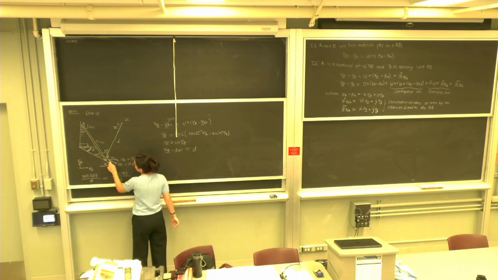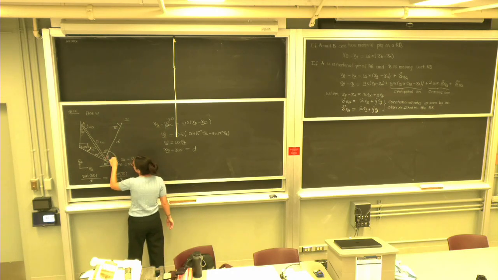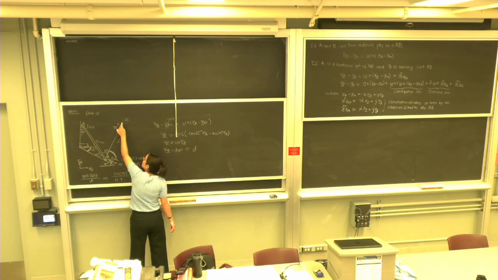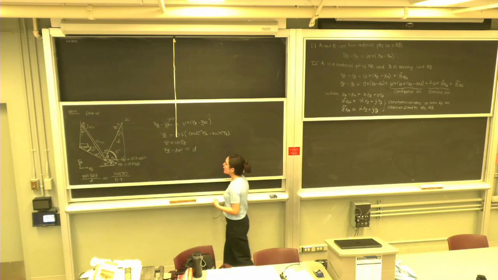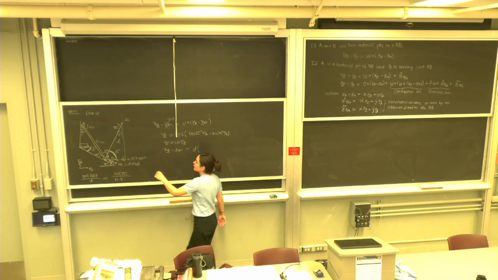Okay, this is 15. What is this angle here? Well, more angles. If this is 75, this is 15, 90. This one here is 75. So XB minus XIC is that vector.